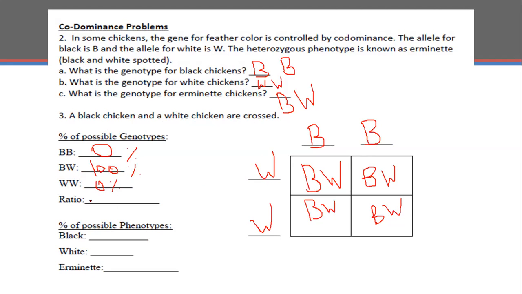The ratio is 100% BW. The possible phenotypes: black 0, white 0, erminette 100%. Okay, let's go next. This is for codominance. You will find one like this in your homework.